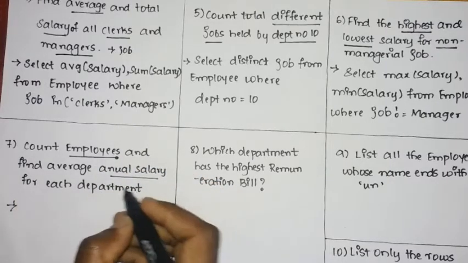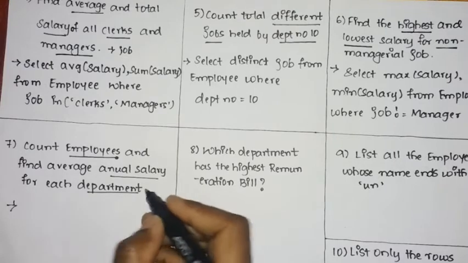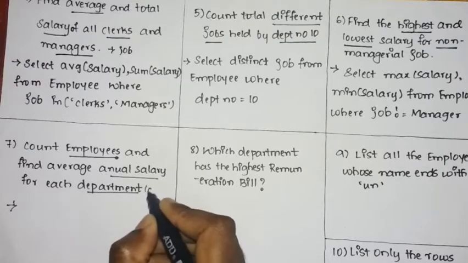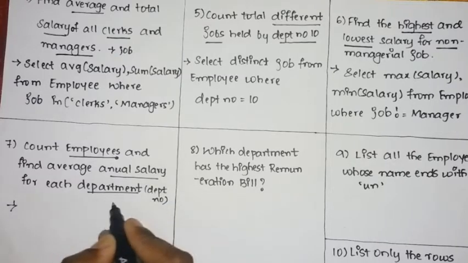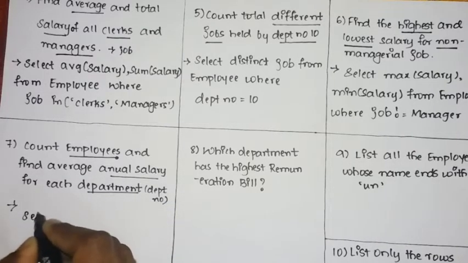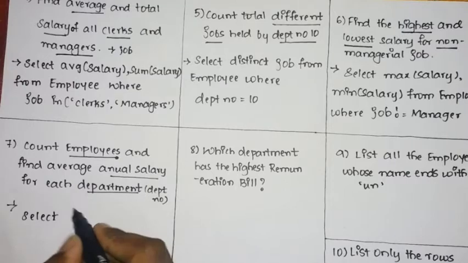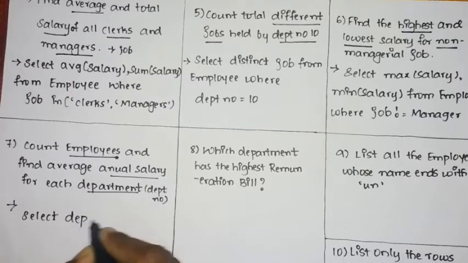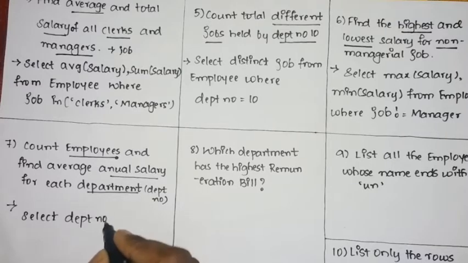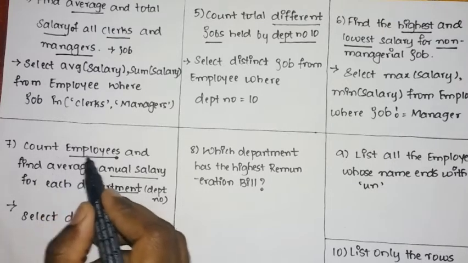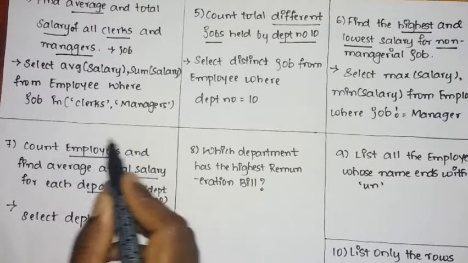The first thing is, they have said for each department. For each department means you need to specify the department number. So first you need to select the department number, because they have specified for each department. So select department number, then comma, you need to count the employees. So you need to count the employee number.